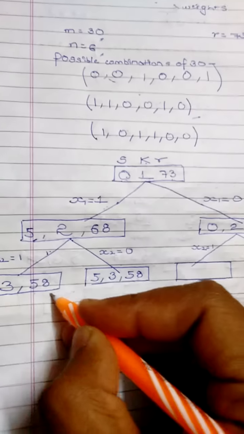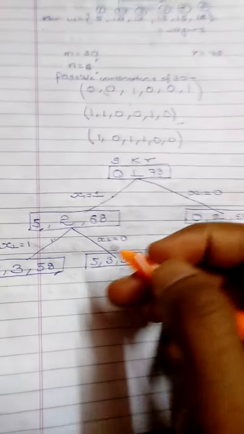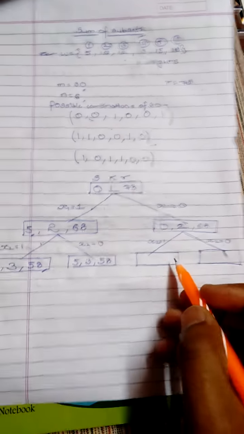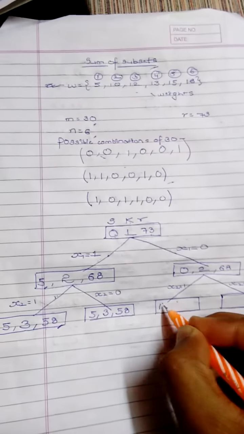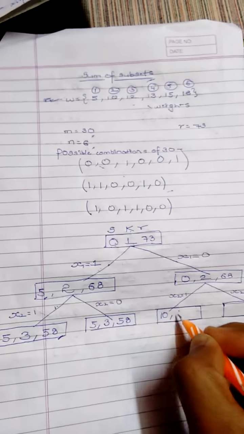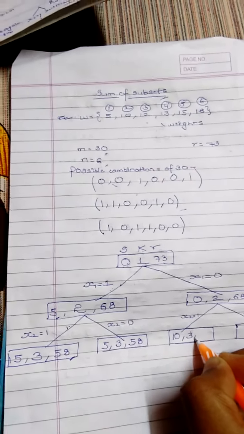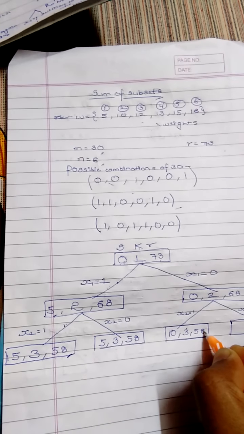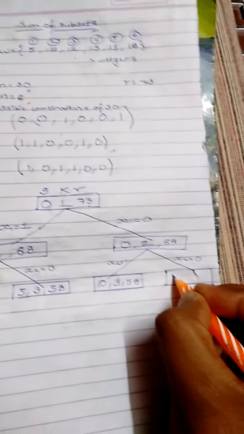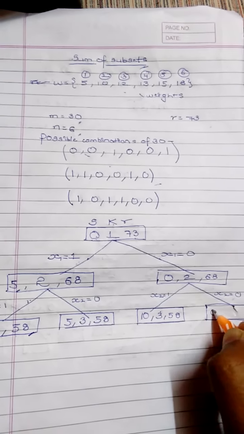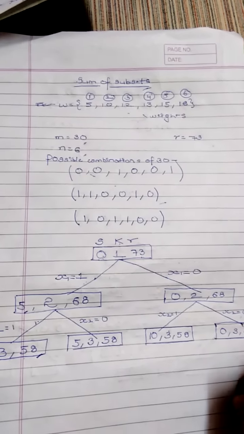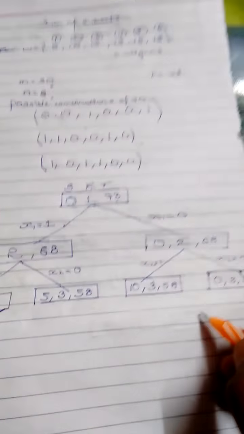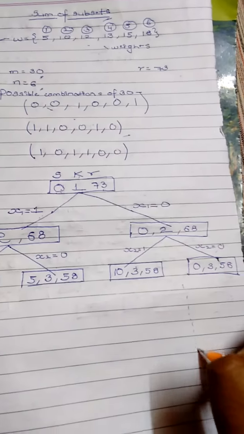Now for this, if I have added my second weight 10 in the subtree, my sum will be 10. I will move to the next position, R will be 58. And similarly over here, if I have not taken it, the sum will be 0, index will be 3 and R will be 58.